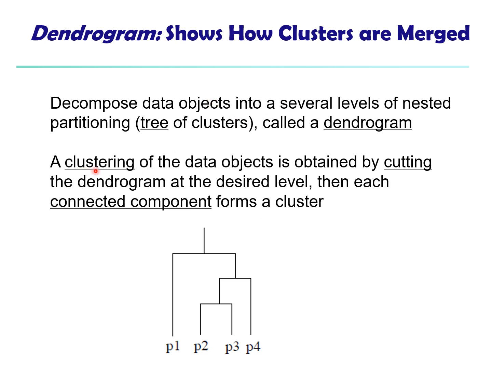In this way, if we want to know which objects belong to the same cluster, we cut the dendrogram at the desired level, and we see which objects belong to which cluster by seeing the connected components. So if we cut it here, we see that P4 is representing a cluster, P2 and P3 representing a cluster, and P1 is a cluster by itself. If we cut it here, we will see that P2, P3, and P4 are one cluster, and P1 is one cluster.